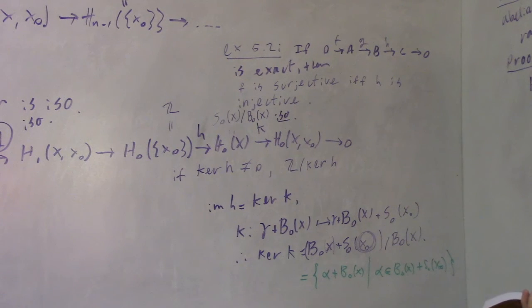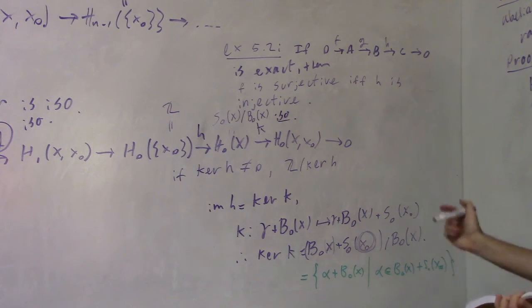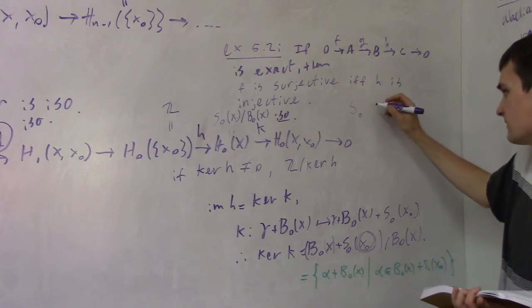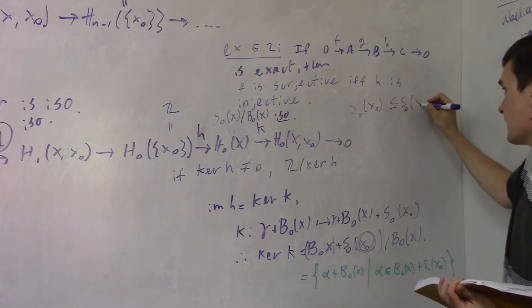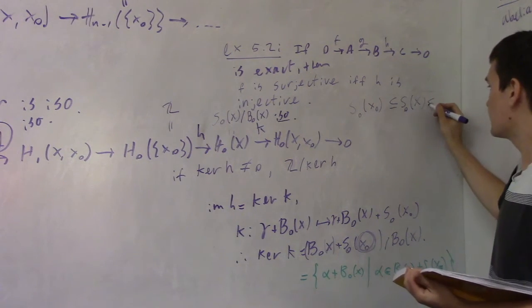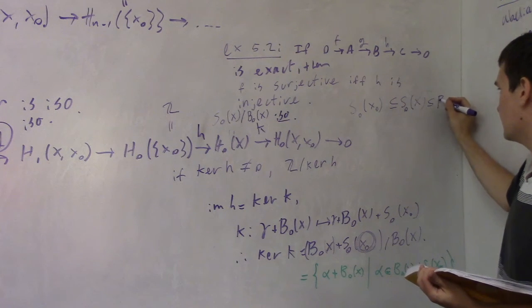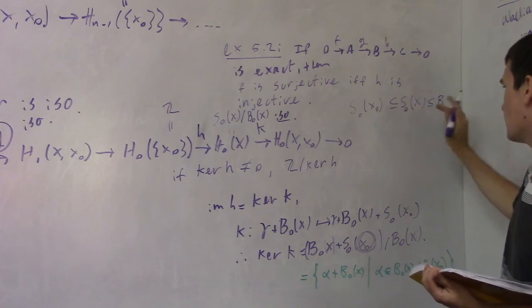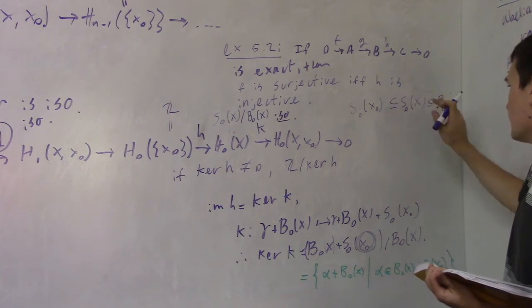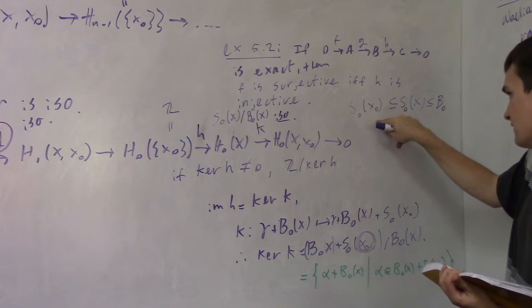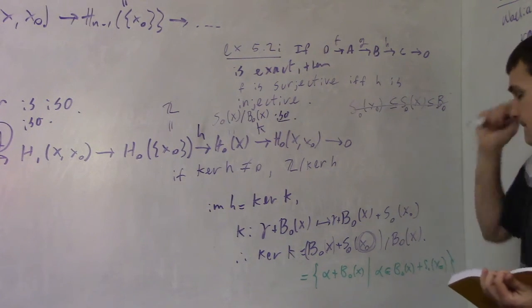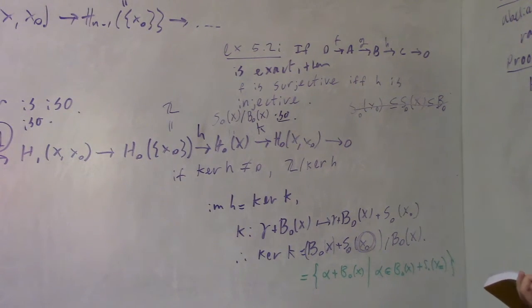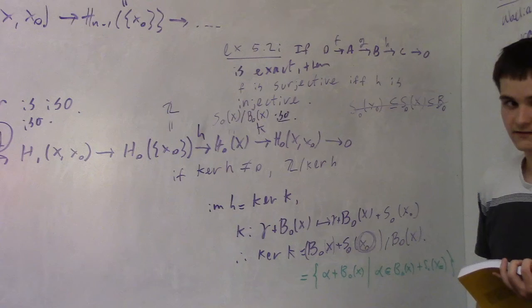I don't know what they're saying, but S naught of X naught is contained in S naught of X, which is contained in B naught of X. No, other way around. I don't think you can do what I was thinking because this is here, so you can't show that. I was thinking this was just H naught of X, but I don't think it is.